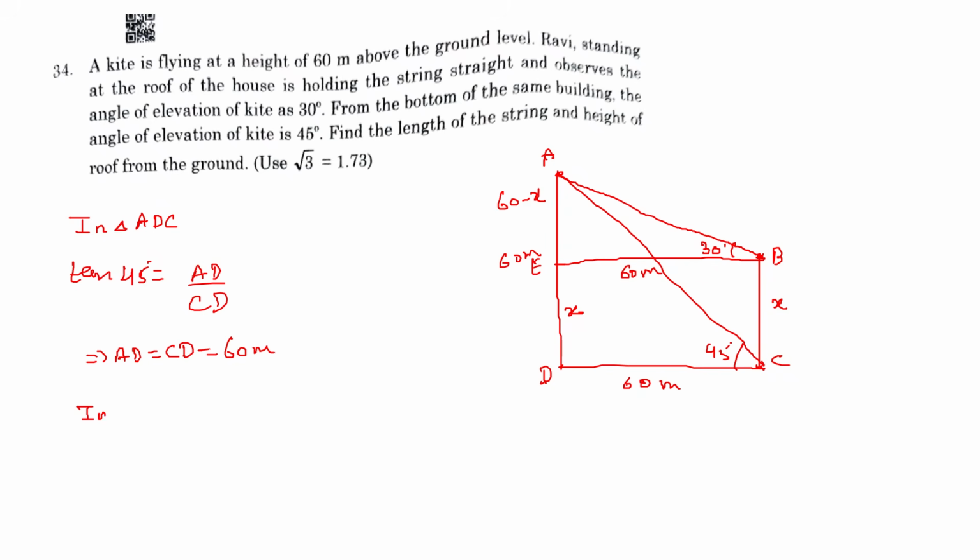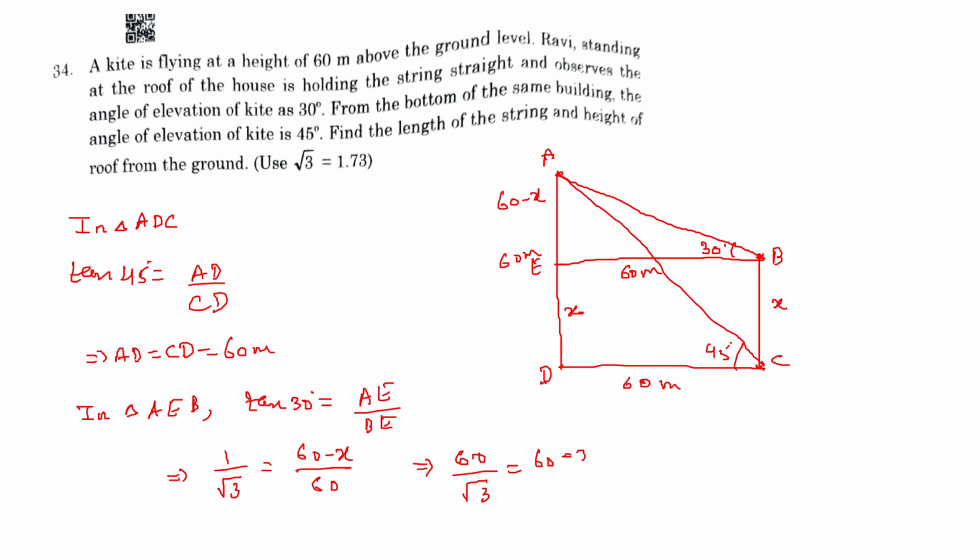Next I will take in triangle AEB, tan 30 degree is equal to AE by BE, which is equal to 1 by root 3 equal to 60 minus x by 60. Now 60 by root 3 equal to 60 minus x. Now rationalize the LHS part. So it will become 60 root 3 by 3 equal to 60 minus x, 3 times 20. Okay. So my value for x is 60 minus 20 root 3.